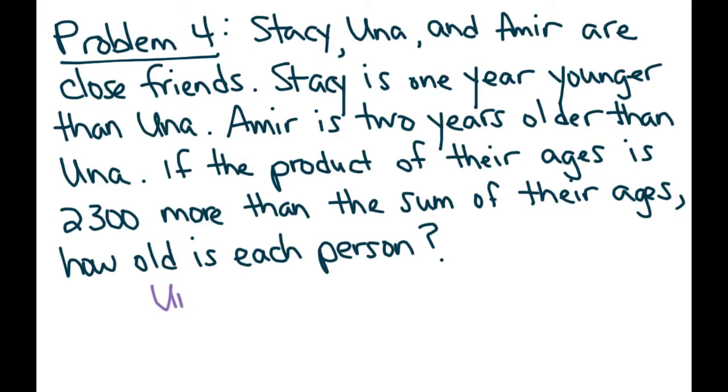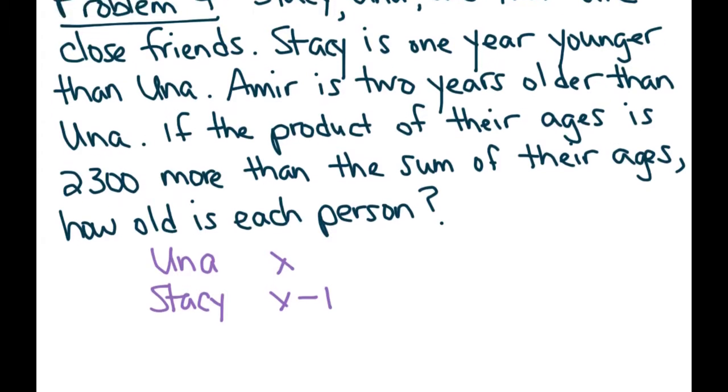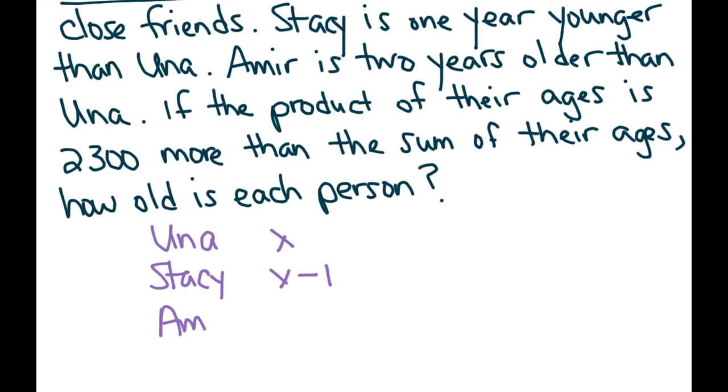The reason we're going to make Una x is because Stacy and Amir's sentences were in relation to Una's age. So if I make Una x, then Stacy has to be 1 year younger. That's x minus 1. And Amir has to be 2 years older. That's x plus 2. So now that I have an expression for all 3 of their ages, I need to go to the next part that says if the product of their ages.